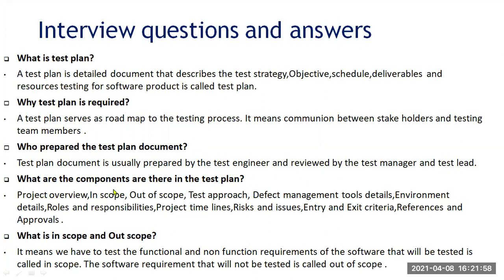Next one is what are the components in the test plan document? Project overview, in scope, out of scope, test approach, defect management, tools and details, environment details, roles and responsibilities, project timelines, risks and issues, entry and exit criteria, references and approvals.